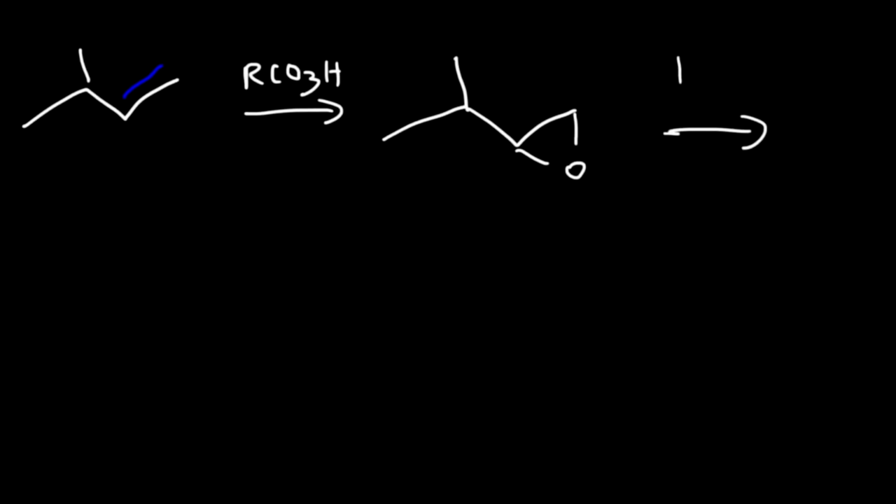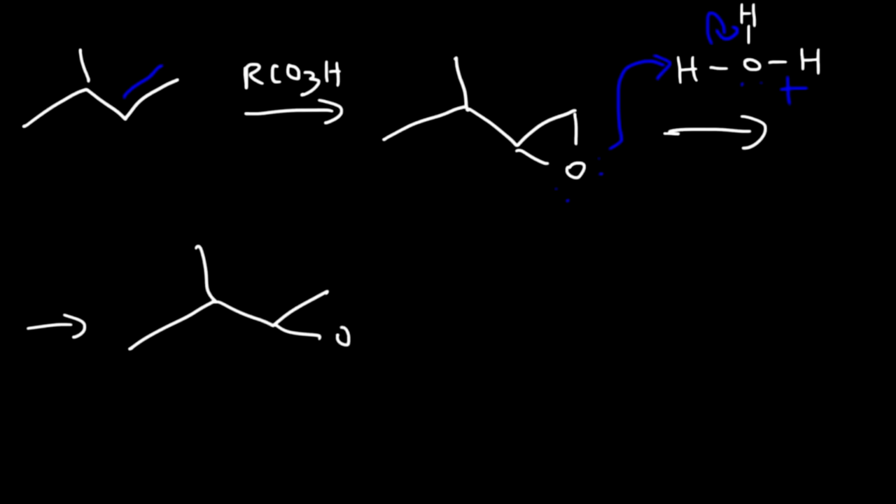Now once we add H3O plus to it, which I'm going to write out, the oxygen is going to receive a hydrogen from H3O plus. So it's going to be activated. And once H3O plus loses a hydrogen, it converts into water.